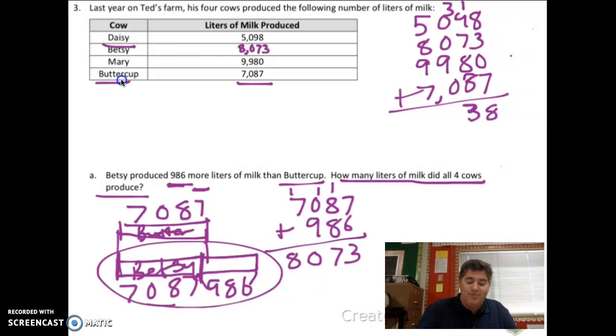Then 3 plus 9 is 12. Carry the 1. 9 plus 1 is 10, plus 8 is 18, 19, 20, 21, 22, 23. 23 plus 7 would be 30. So it would be 30,238.